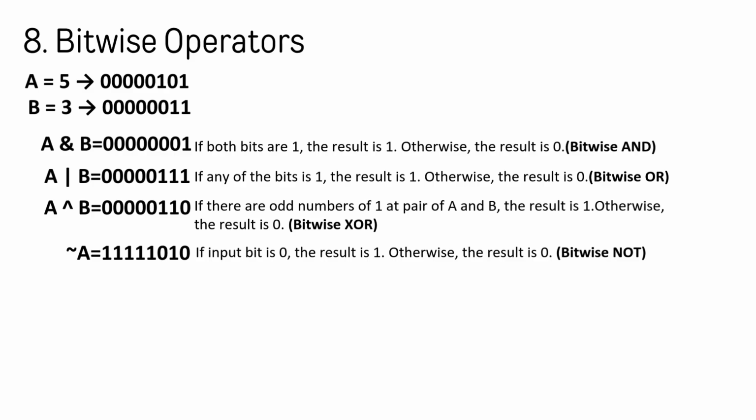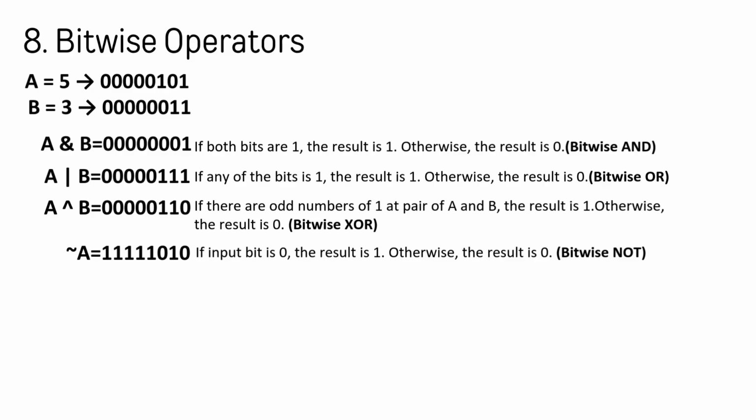Where A has 0, NOT A has 1. Where A has 1, it will be 0. And all other bits should be 1 in NOT A, because the upper bits of A are 0 here.